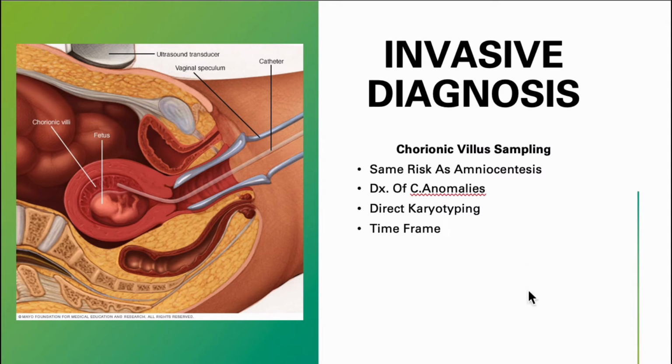So again, once you get the cells, the cells could be studied for diagnosing of chromosome anomalies. So the CVS allows for molecular genetic tests to be carried out.